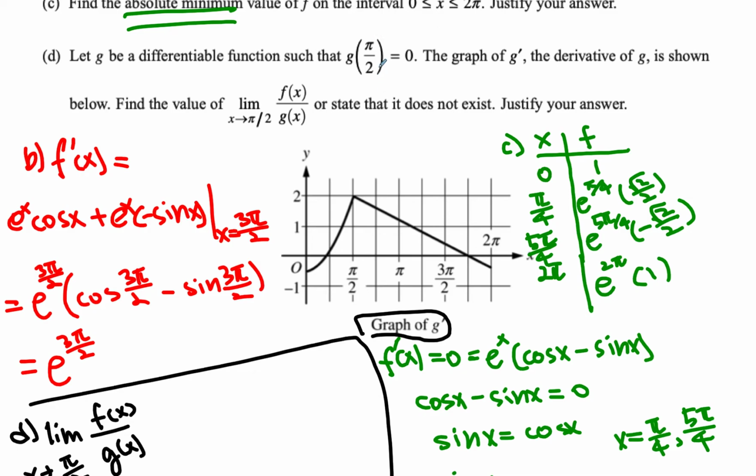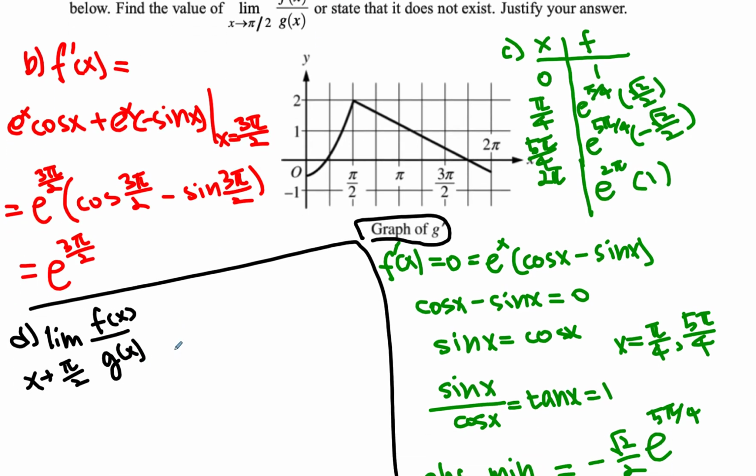But the denominator, they told us that's equal to 0 already. Then we get 0 over 0, so we have to use L'Hopital's rule. By L'Hopital's rule, this expression has to be equal to the limit of f prime of x over g prime of x, as x approaches pi over 2.